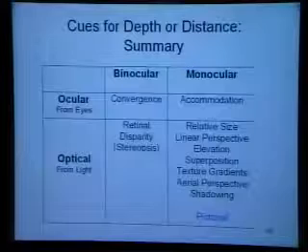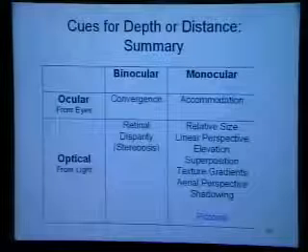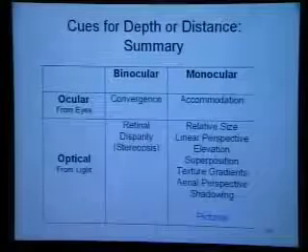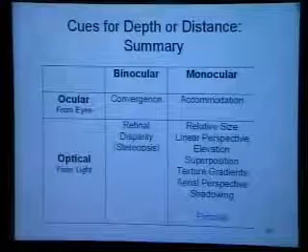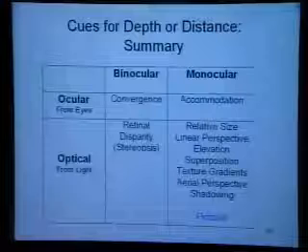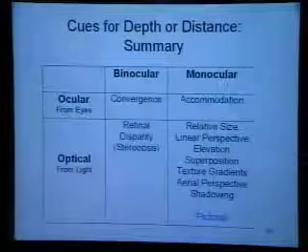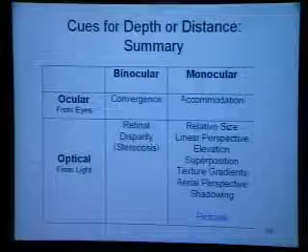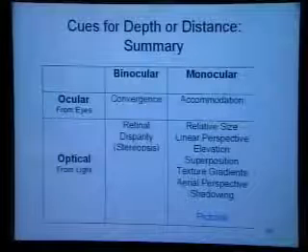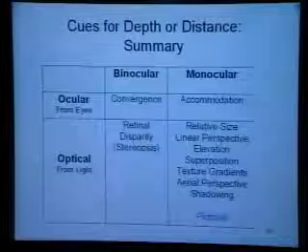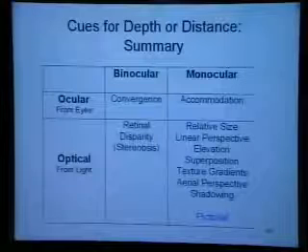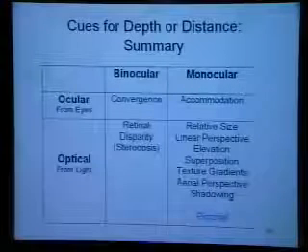And I illustrated the ecological view with a run through various principles by which we recover information about depth or distance, the distance between the distal stimulus and the perceiver, and noted that there are some cues to distance that require 2 eyes, some that require only 1 eye.